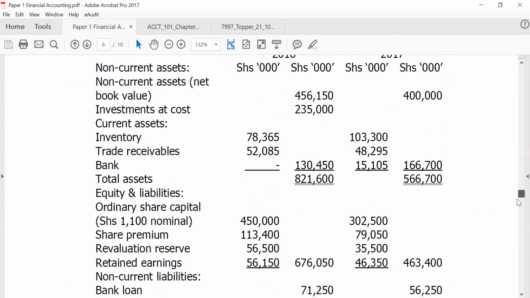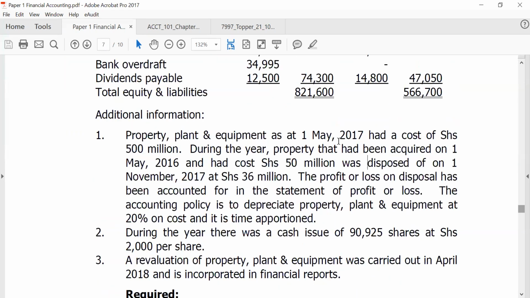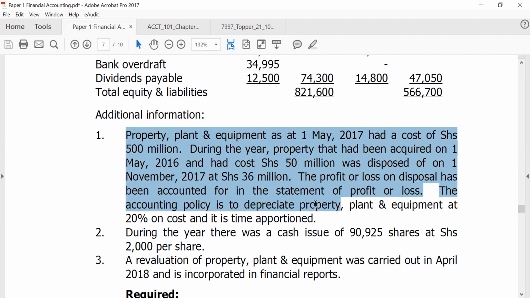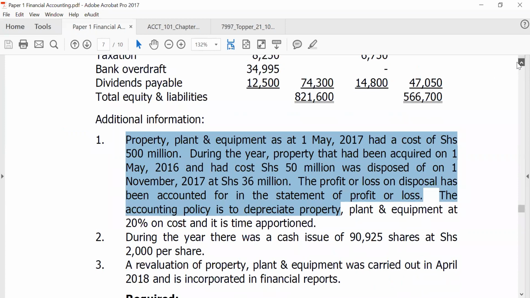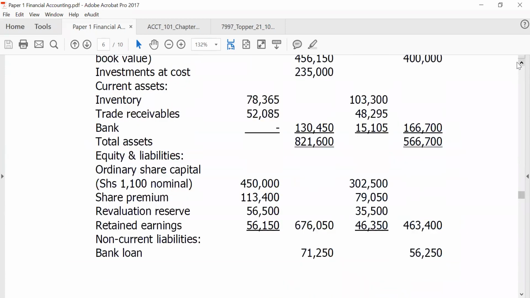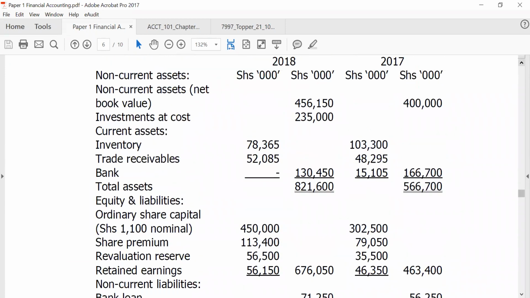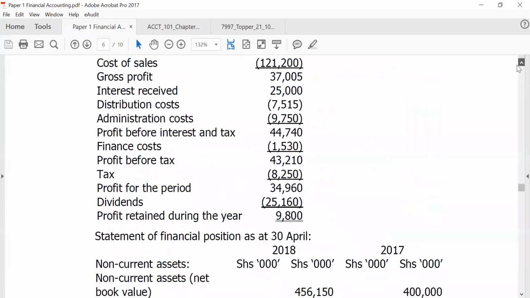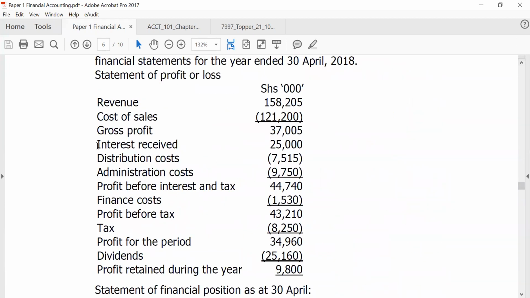But they have also told us something about a disposal, so most likely there's a gain or loss on disposal. And then one of the other things we can also look at is, when you come here, this interest received.